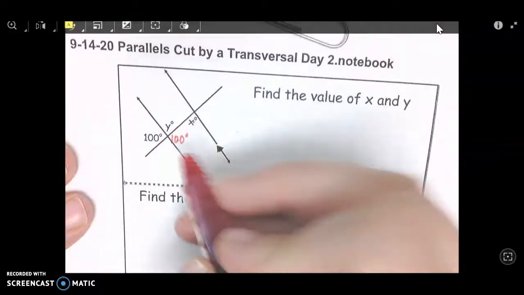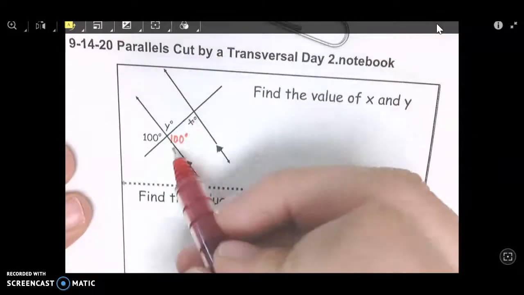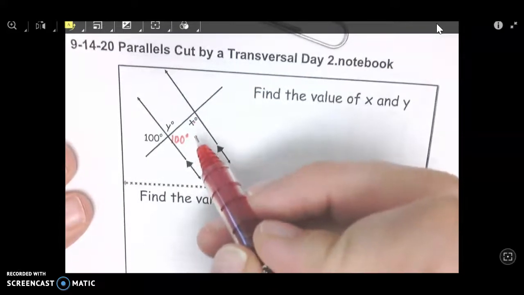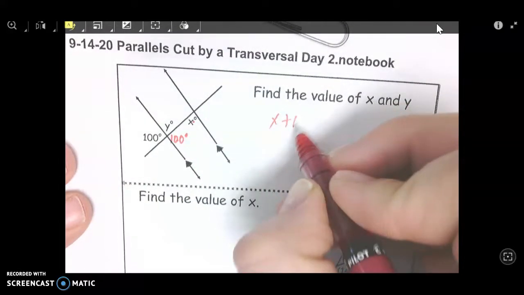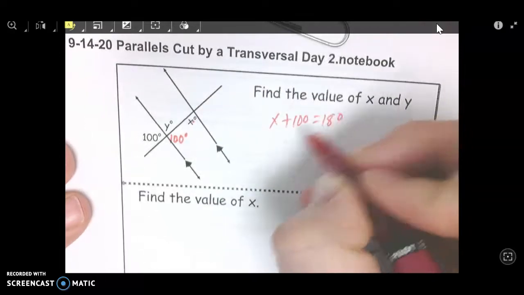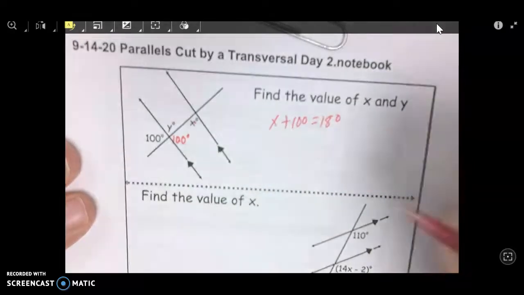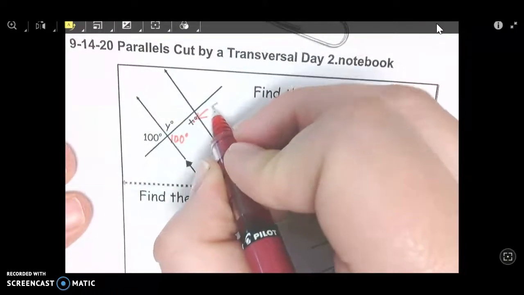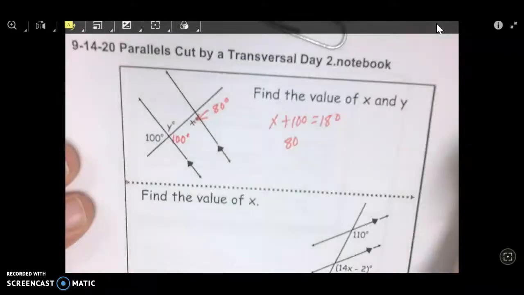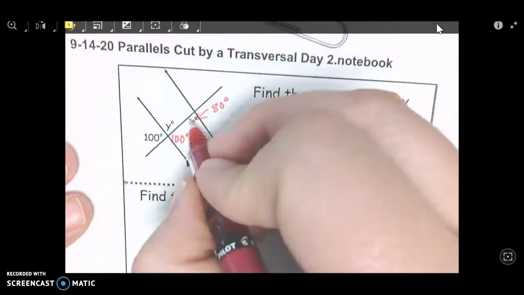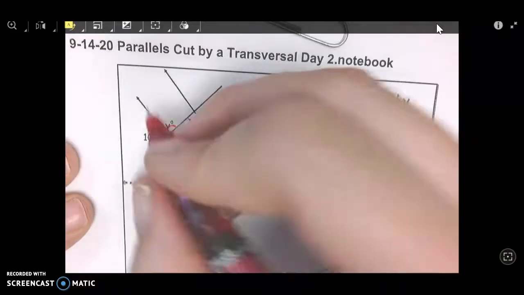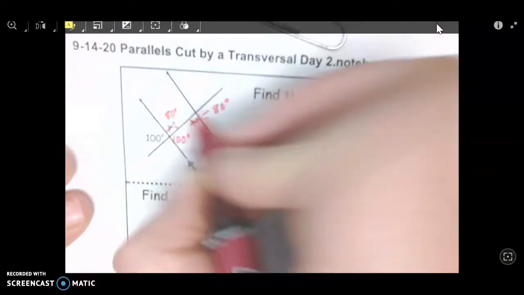This angle and this 100-degree angle, so x plus 100, are going to be supplementary because they are same side interior angles. So x plus 100 gives you 180. So what plus 100 gives you 180? That's just going to be 80. So x is just 80. x and y are alternate interior. Alternate interior angles are the same. So you know that this is 80 degrees.